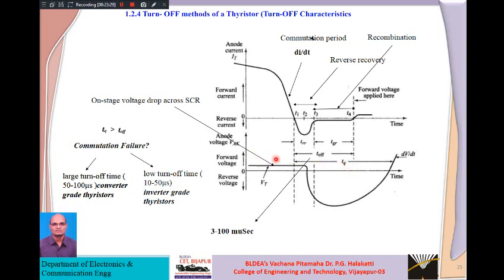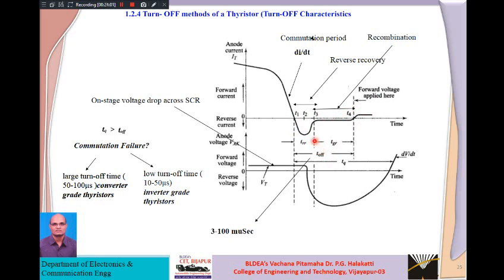So that's why TQ should always be greater than Toff. What is the meaning of this? Try to understand why we call TQ the circuit turn off time, and why we want to make it larger than the SCR turn off time. In other words, indirectly, if you apply forward voltage by gate triggering or by any of the turn on methods, your commutation will fail.